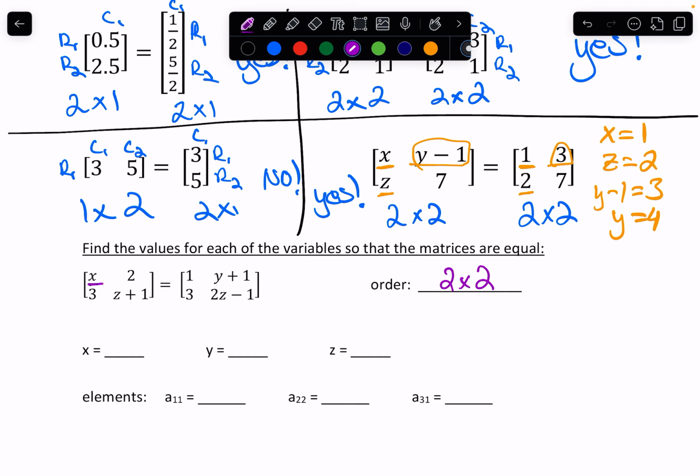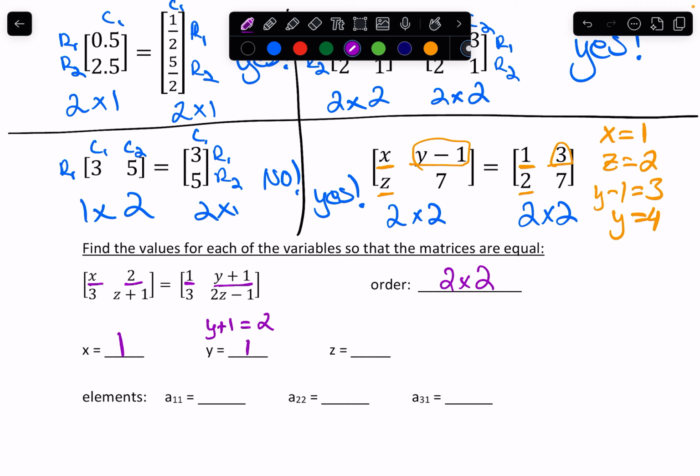Okay, so we have an x, and the corresponding element on the right is 1. So our x equals 1. Y plus 1 is on the right. Hold on, let me write it here. Y plus 1, and the corresponding element is 2, so that's going to equal 2. So when we move the 1 to the right, we get y equals 1.